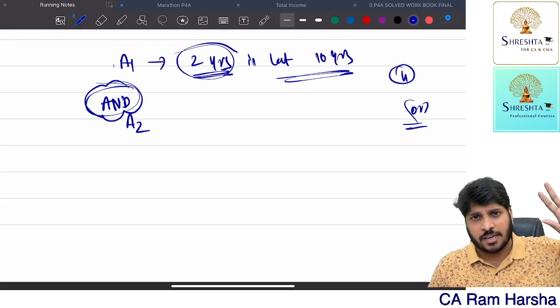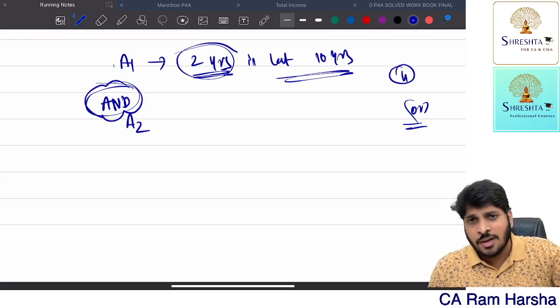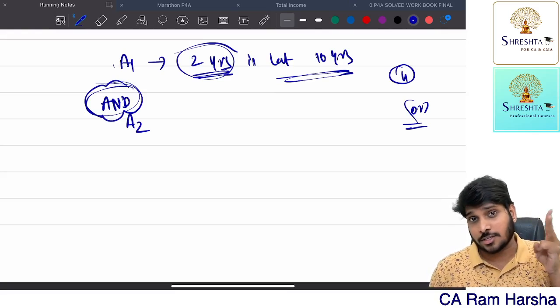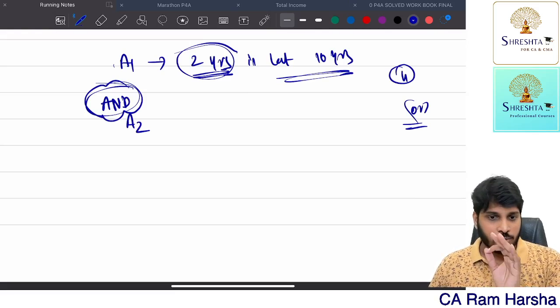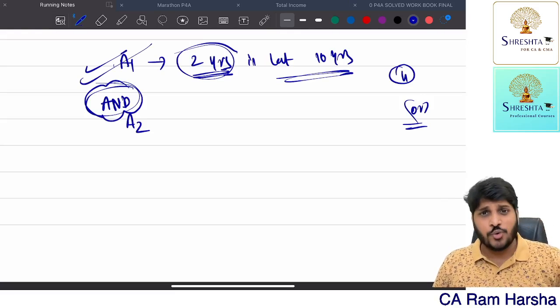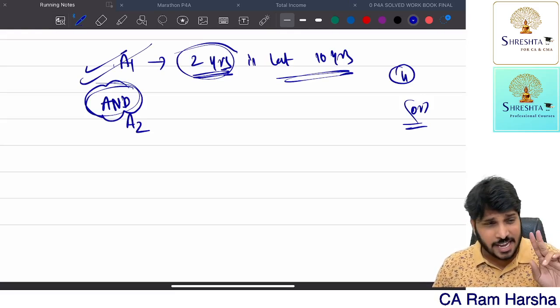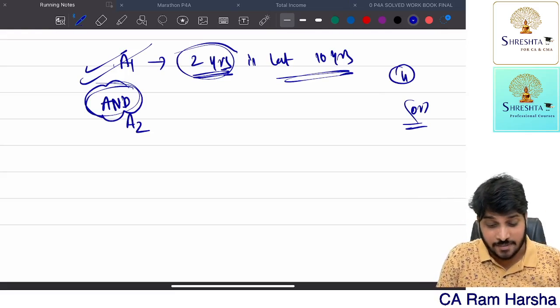Either B1 or B2, something is satisfied. For any 2 years, the basic condition is satisfied, that's it, you are a resident. Getting the point? A1 is satisfied. For any 2 years in the last 10 years, if you satisfy the basic condition, you are a resident and A1 is satisfied.